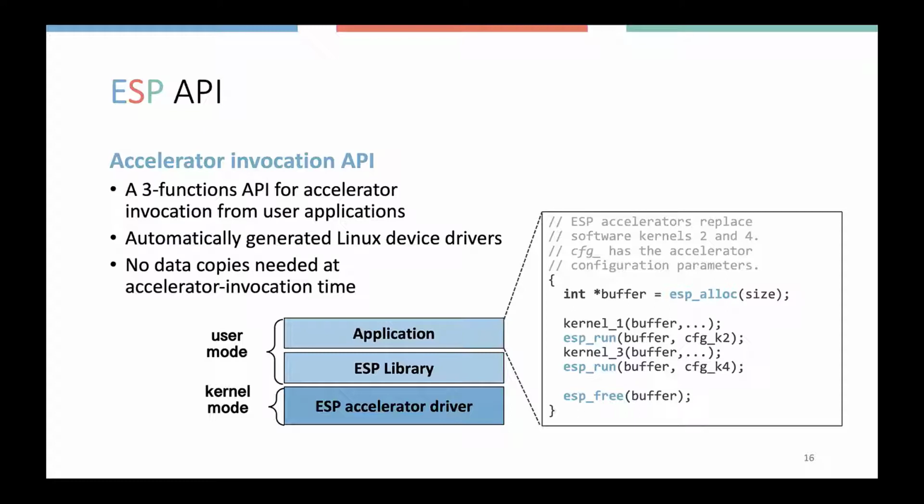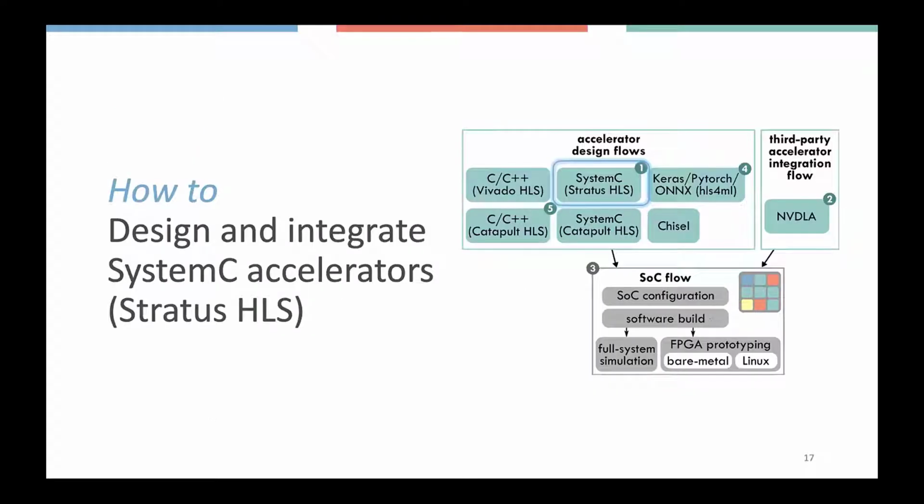So this is very helpful when you're trying to create a pipeline of accelerators, or for example, see the effects of having multiple components executing at the same time in your system. And of course, these run on top of a kernel mode driver that is completely generated for you, and then on top of Linux.